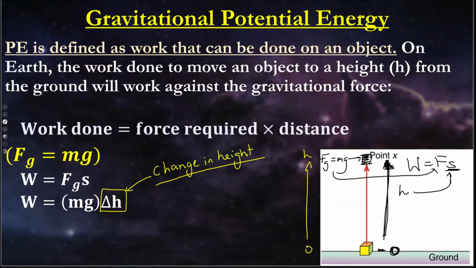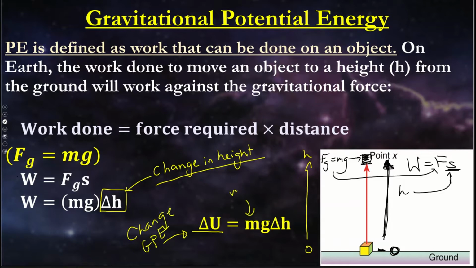So what we're experiencing is a change in gravitational potential energy. And this is the formula we come up with. So this is the change in gravitational potential energy. Mass measured in kilograms. g, that's the acceleration due to gravity, so that's measured in meters per second squared.